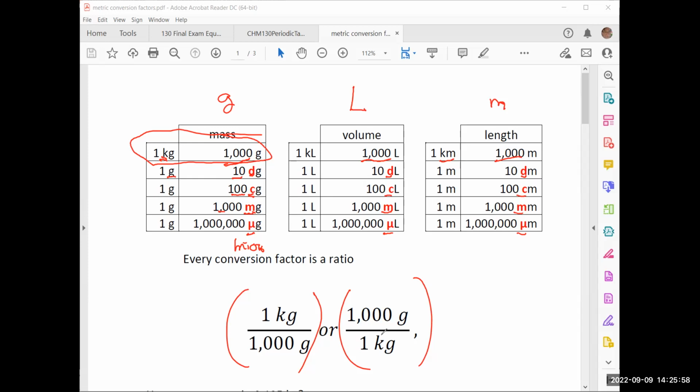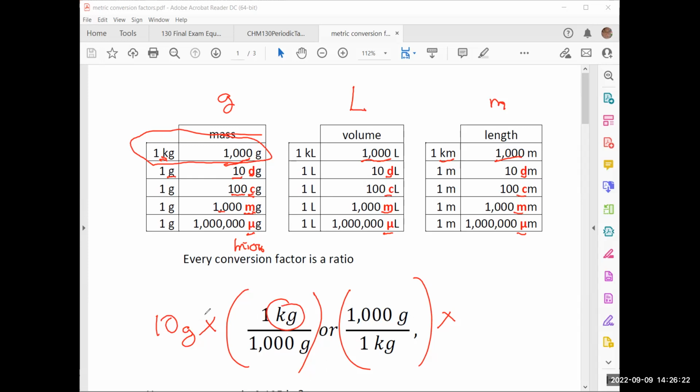Which one I use, obviously, these conversion factors, I'm going to multiply by some value. So for the one on the left, if I start off with units of grams and I want to get to kilograms, then I will use the factor on the left. Why?